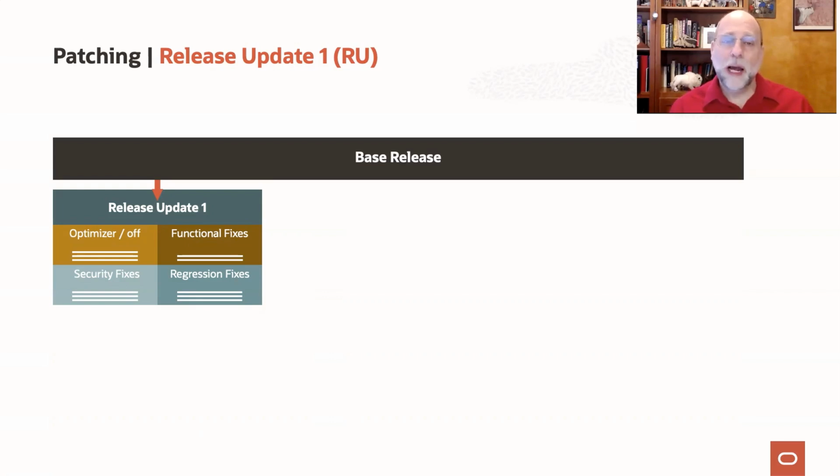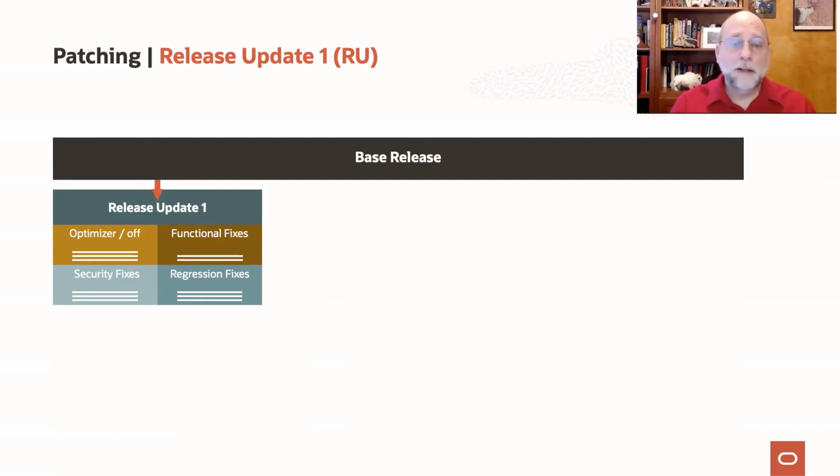And if you look at the contents of that release bundle, it's security fixes, regression fixes, optimizer fixes delivered disabled by default, and then functional fixes for the most commonly encountered or highest value customer filed bugs. That is what we used to call the database bundle patch. So that has become our unit of delivering our quarterly patch bundle because it's been so successful at minimizing the number of one-off fixes needed by most customers.